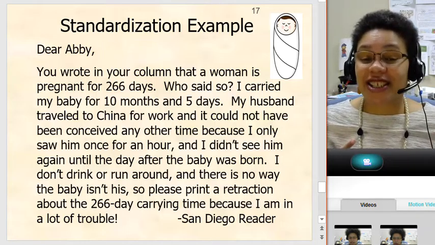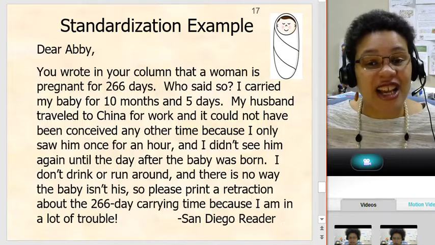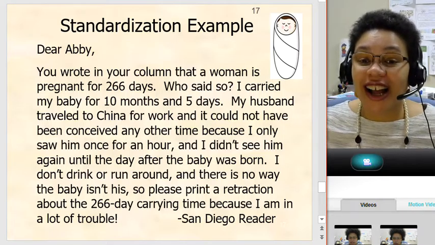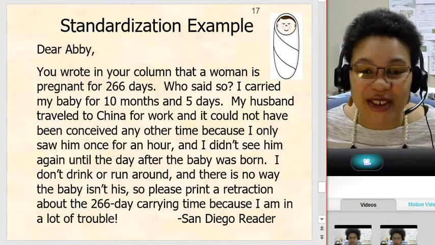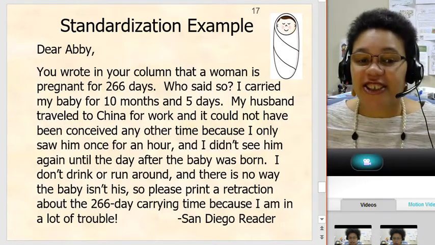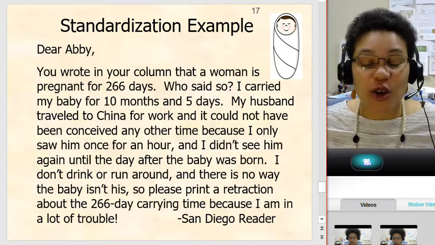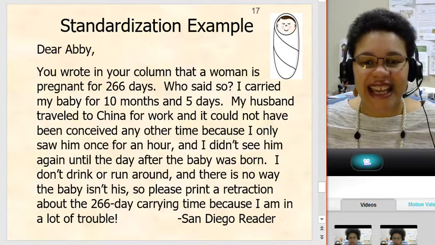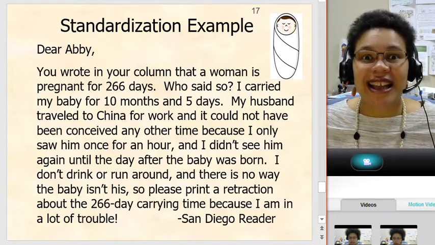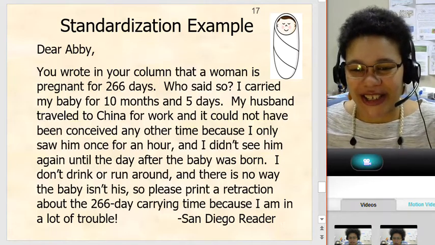My husband traveled to China for work, the baby could not have been conceived any other time because I only saw him once for an hour and I didn't see him again until the day after the baby was born. I don't drink, I don't run around, and there's no way the baby isn't his. So please print a retraction about the 266-day carrying time because I am in a lot of trouble. Signed, San Diego Reader."